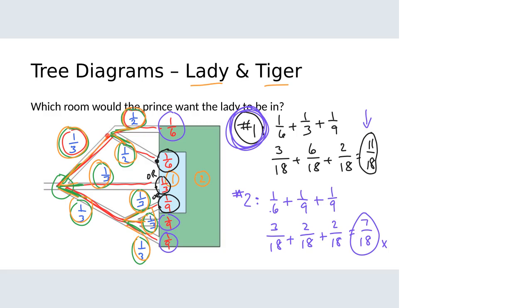If I go this way followed by this way, I need to multiply those together to get the probability I come out of that door. And if I go this way followed by this way, I need to multiply those probabilities to get the probability I come out that door. So we have basic probability, we have successive events, and then we get to review fractions, which is always great.